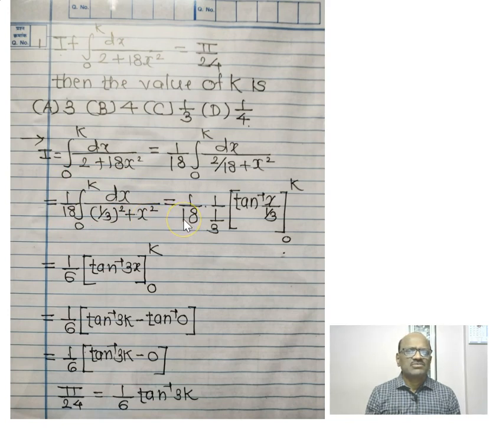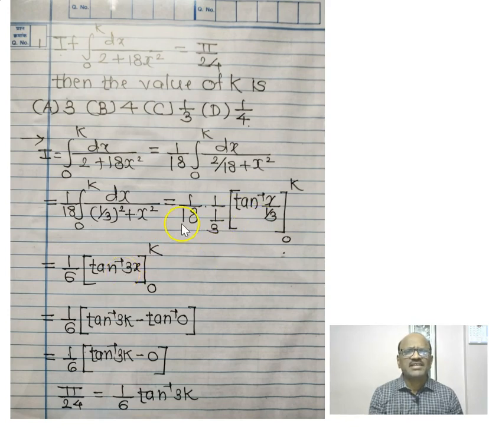And this is nothing but the form of integral dx upon a square plus x square, which is equals to 1 upon a tan inverse of x upon a. Therefore, here 1 upon a is 3, so we get 1 by 18 times 3 tan inverse of 3x, from 0 to k. Now substitute the upper limit and the lower limit.